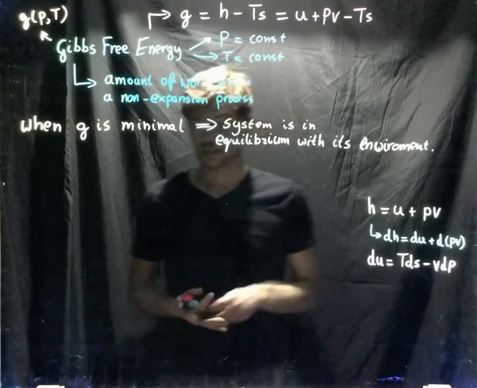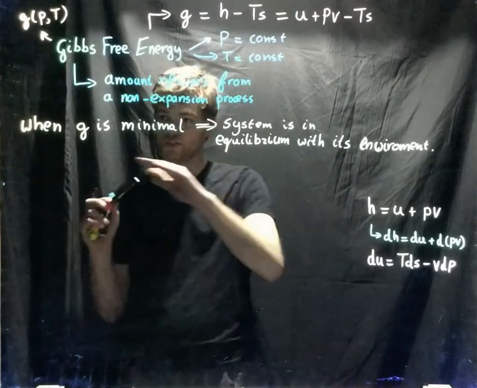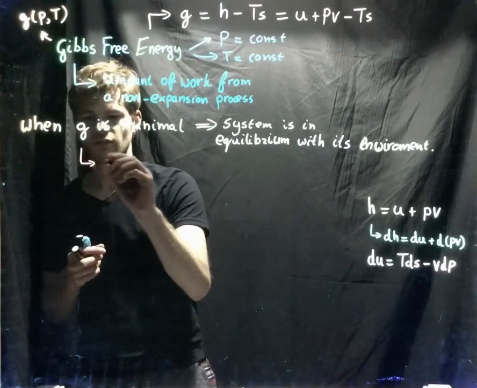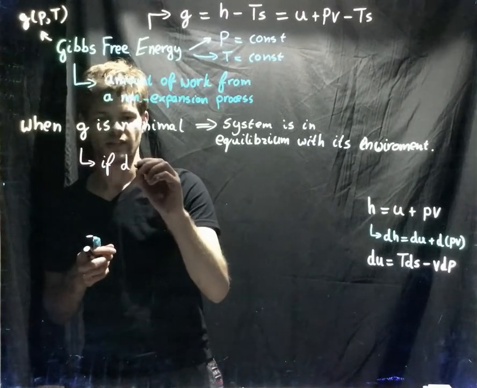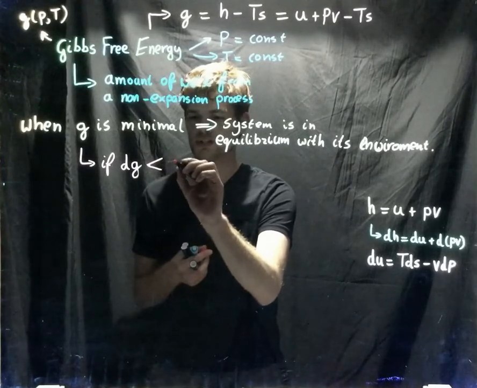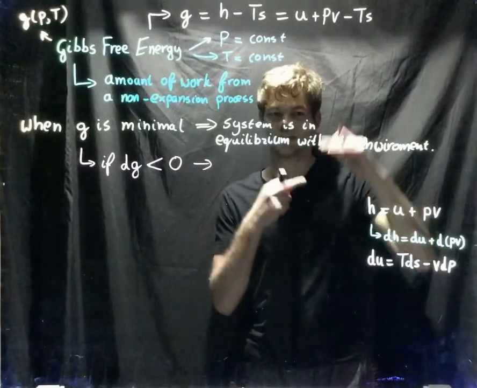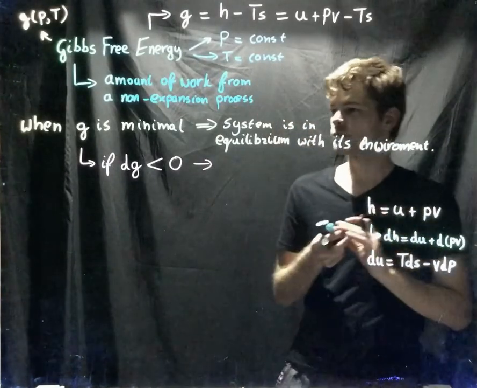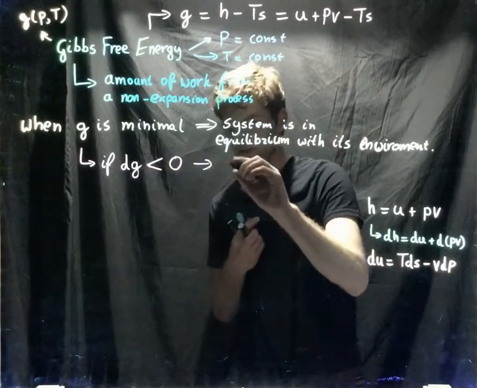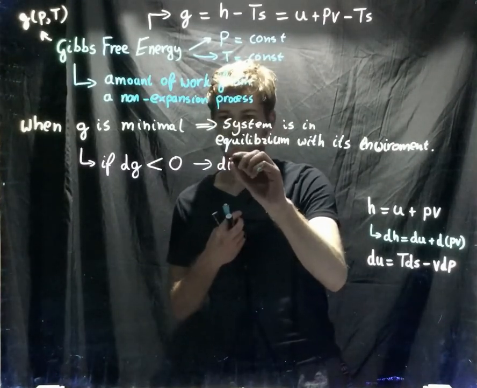And this is really interesting because we can derive from this that if dG, the derivative of the Gibbs free energy, is decreasing, so smaller than 0, then we know that the system tends to become in equilibrium. So dG decreases, the amount of free energy decreases.